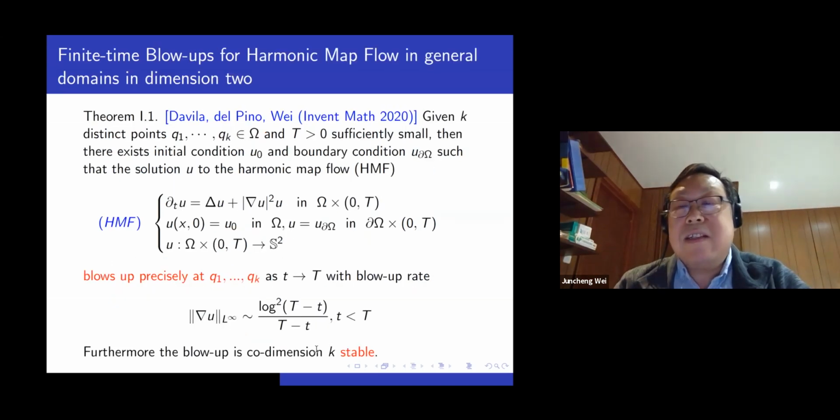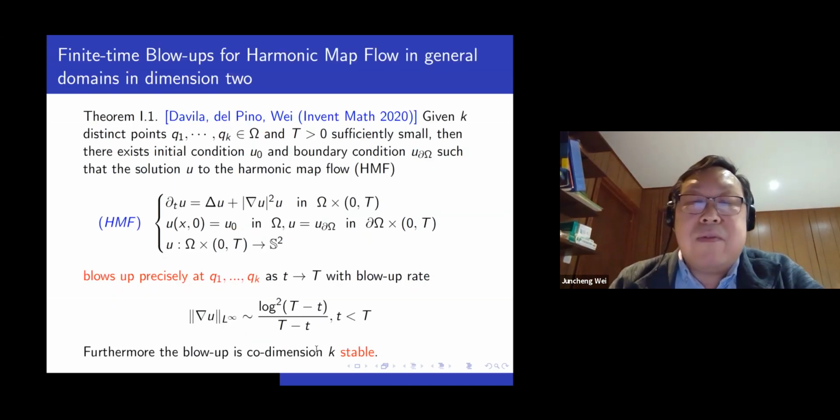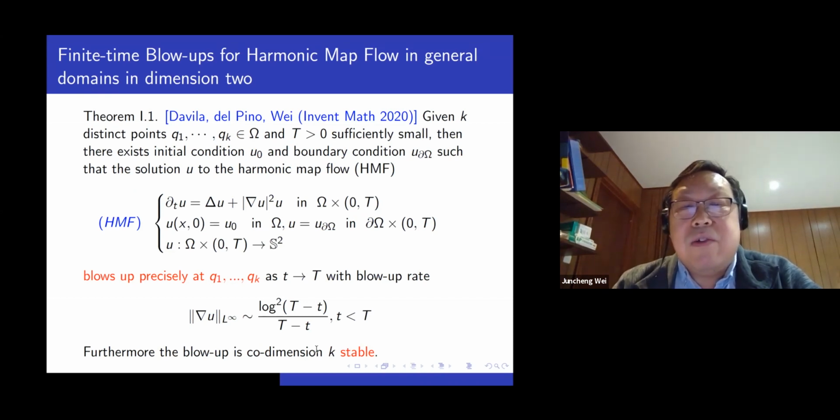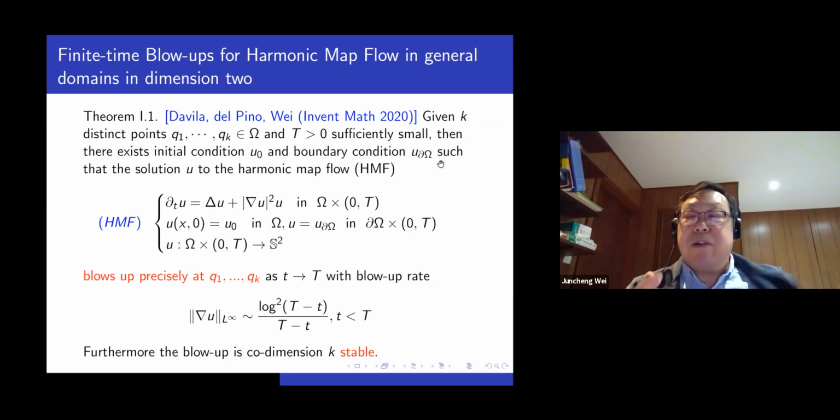We started this problem quite a long time ago, but we finished in 2018, in a general domain case, with multiple blow-ups. With Davila and Manuel del Pino, we have a general theory, which I'm going to present later, for the construction of general blow-ups in general domains.